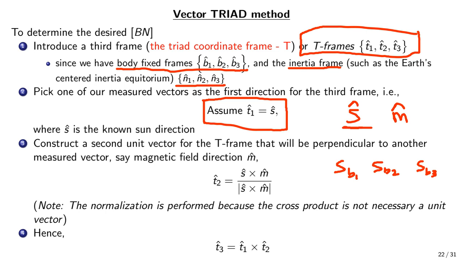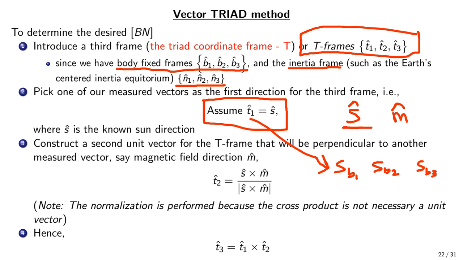So this will imply T1 will be equal to this, not S2. I've just written this so you can see a clear picture of it. And I have said where your S is the known sun direction, it's the measurement from the sun. So that's the first thing you do.